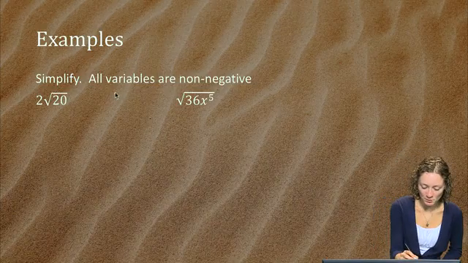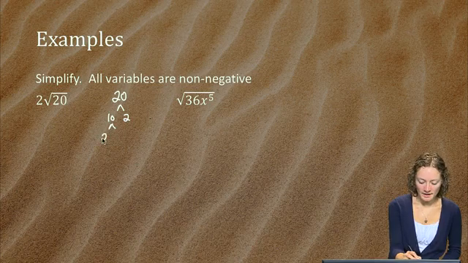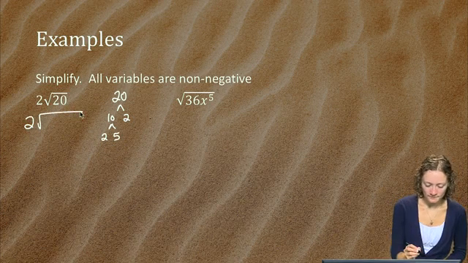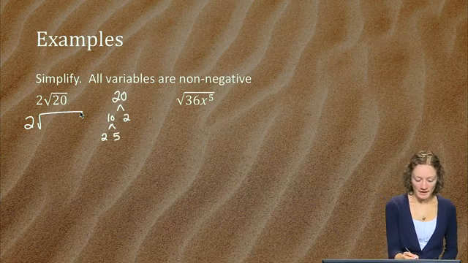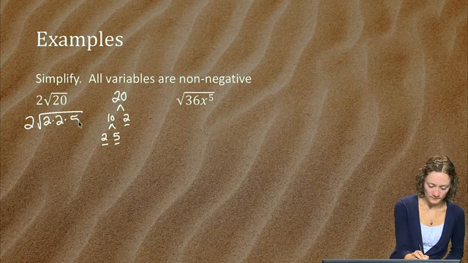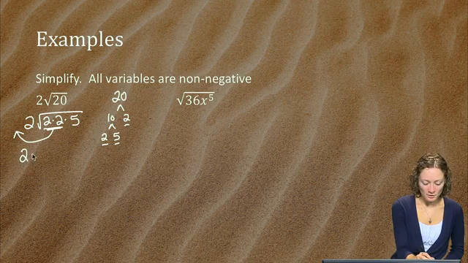All right, so we can take 20, and I'll do both methods for this one. We can break it down to 10 times 2, and then 10 to 2 times 5. So inside I have 2, 2, and 5. There's a pair of 2's, so a 2 will come out. Now there's already a 2 on the outside, and another 2 came out.